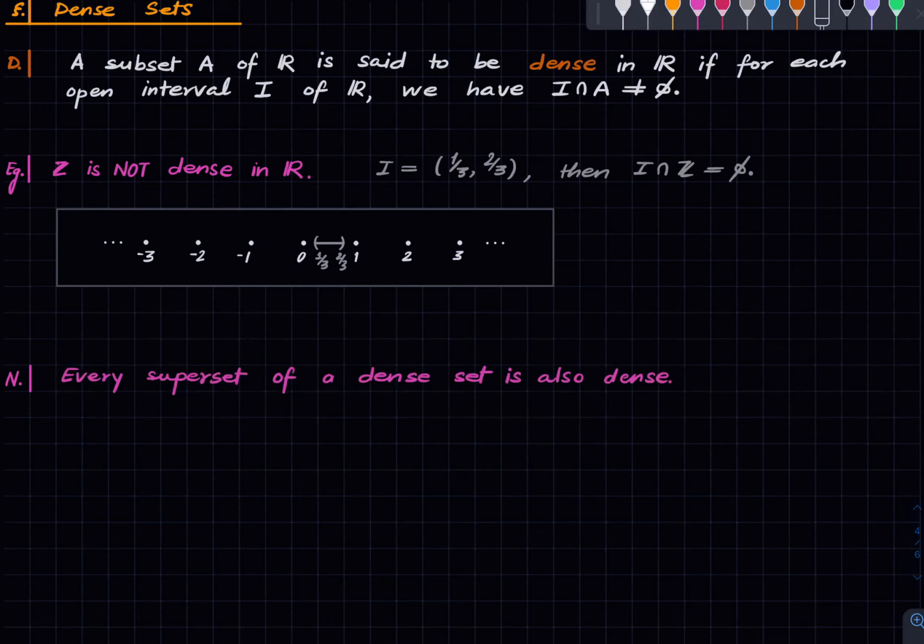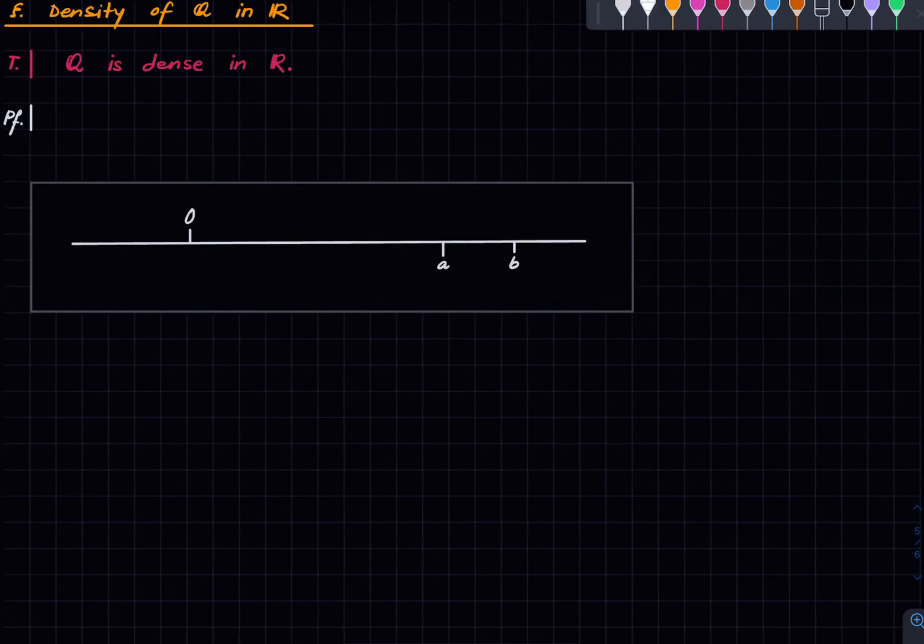Alright, so it's a very simple example. And note that once we find a dense set, then every superset of it is also going to be dense. If every open interval intersects A, then every open interval will intersect any superset of A, trivially. So that's that. But now for the interesting part, the set of rationals is dense in reals.